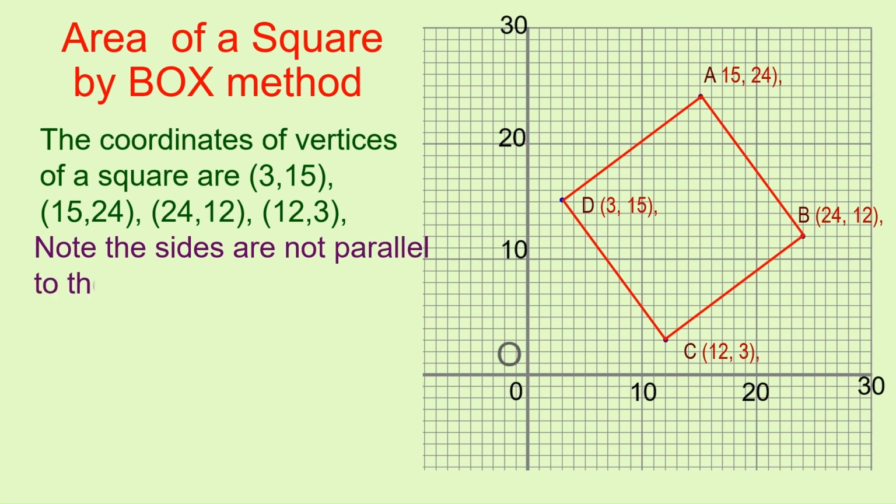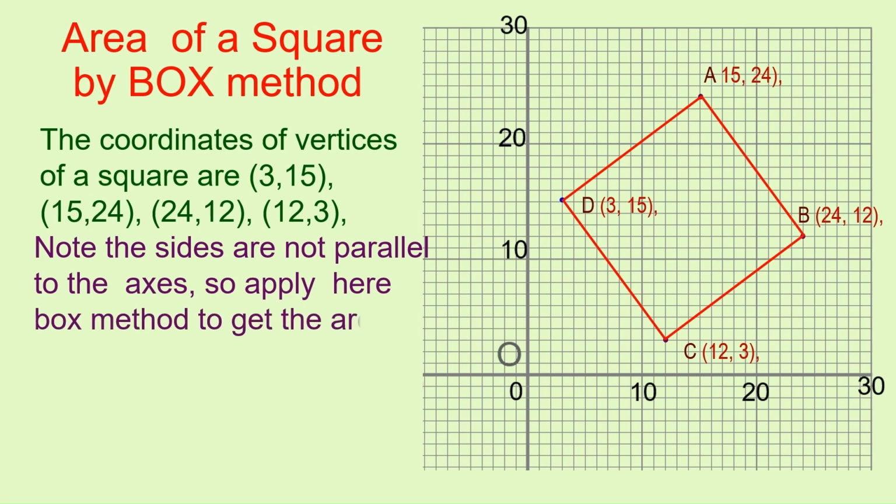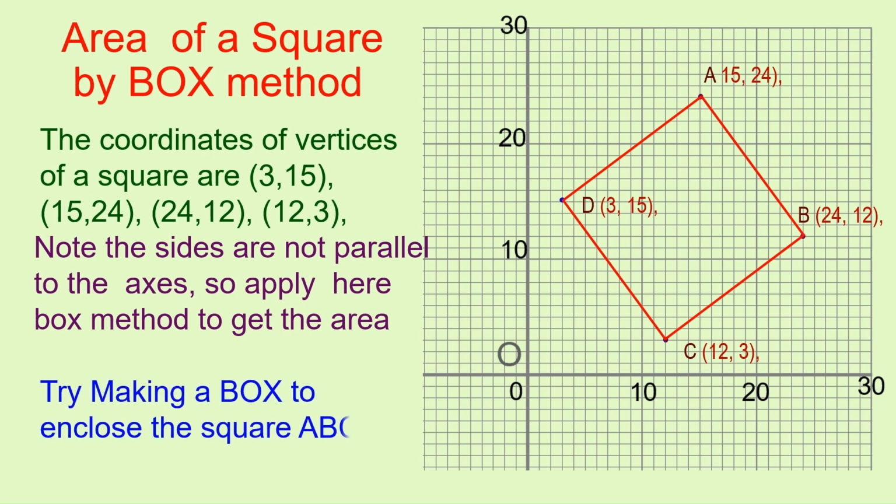Note: the sides are not parallel to the axis, so apply the box method here. To get the area, try making a box to enclose the square ABCD.